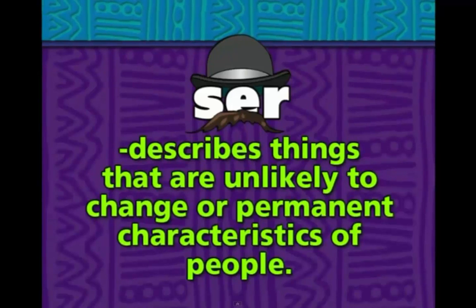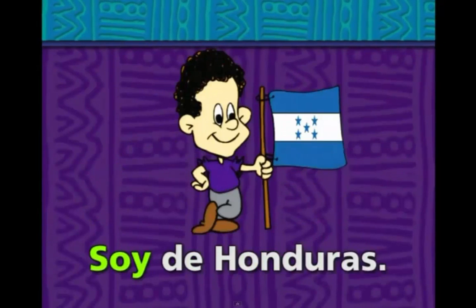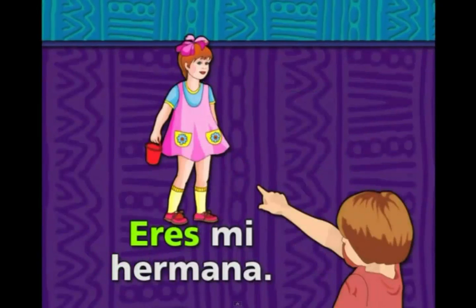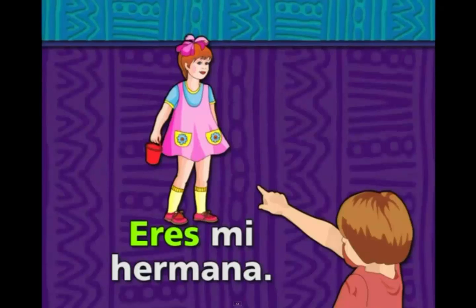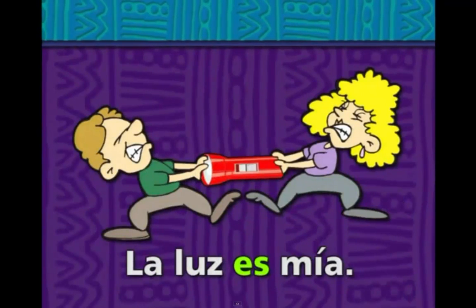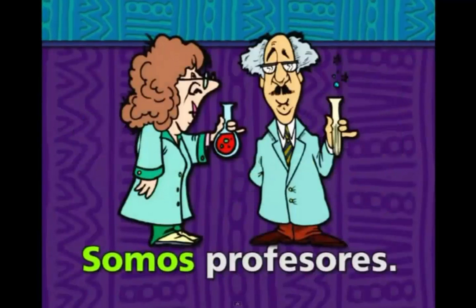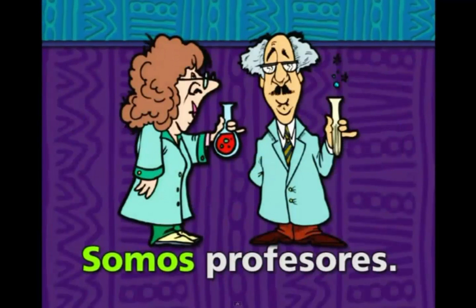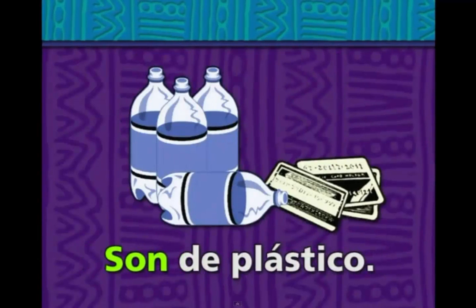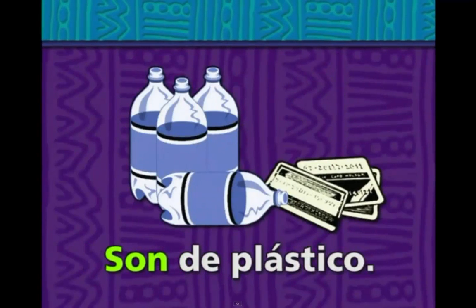SER is used with nationality. Soy de Honduras. Permanent characteristics. Eres mi hermana. Possessive. La luz es mía. Profession. Somos profesores. Or what something is made of. Son de plástico.